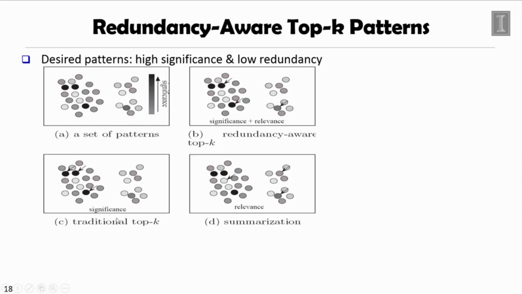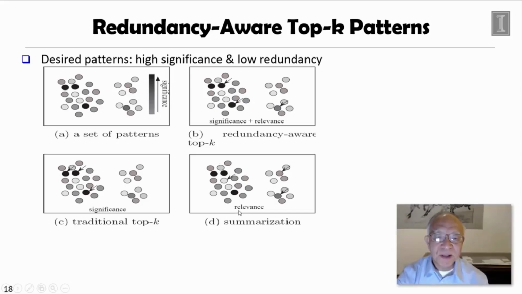If you just do top-K pattern mining, taking the support count or another significance measure, you will only find these three patterns, supposing you want only the top three. Then all the remaining patterns, like those in the other cluster, are completely missing.